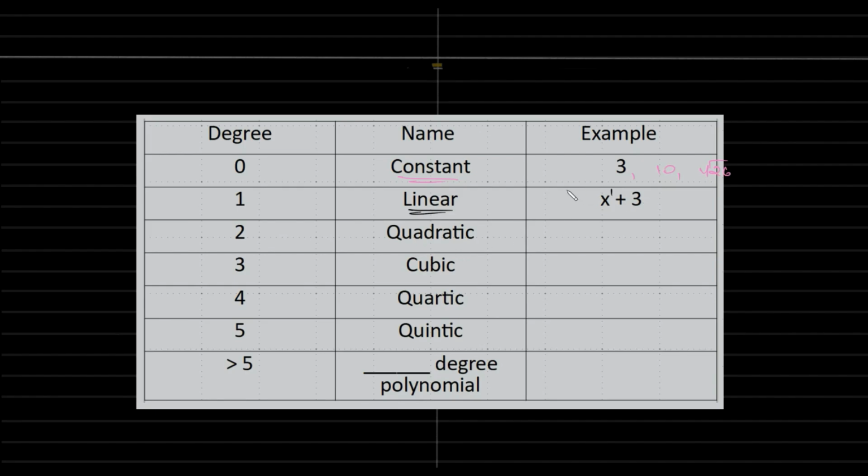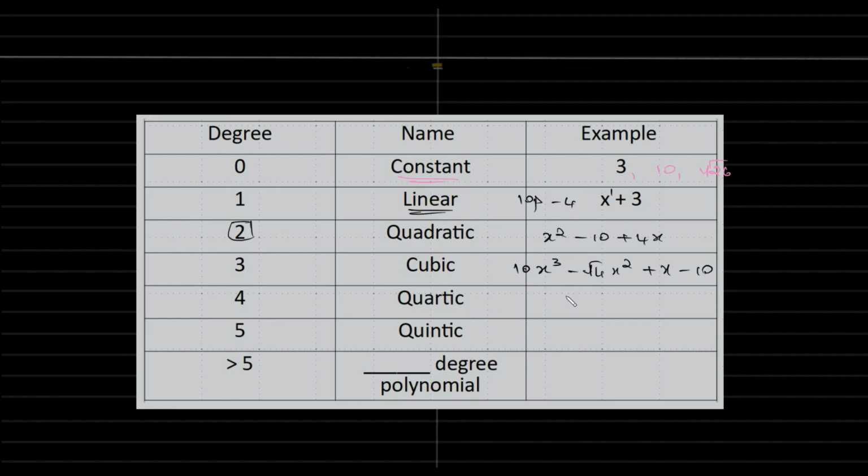So 10p minus 4 is a linear expression. Then we have quadratic, with the highest power being 2. So x square minus 10 plus 4x, not written in the standard form, but this is a quadratic expression. Then we have cubic. It's easy to guess: 10x cube minus root of 4x square plus x minus 10. This is a cubic expression.